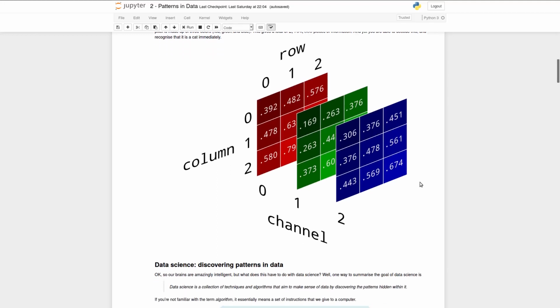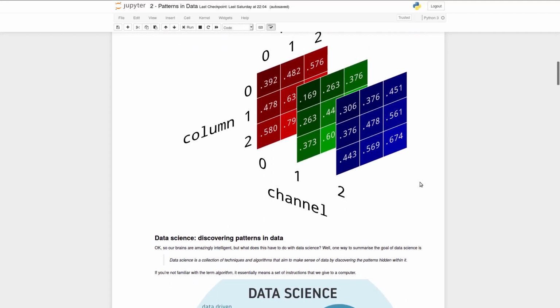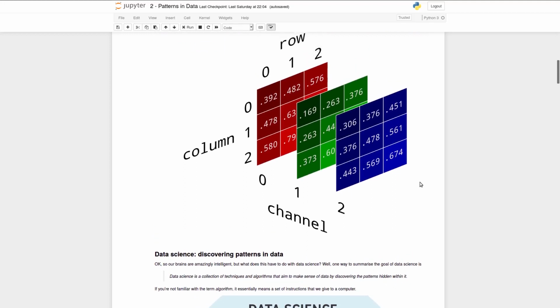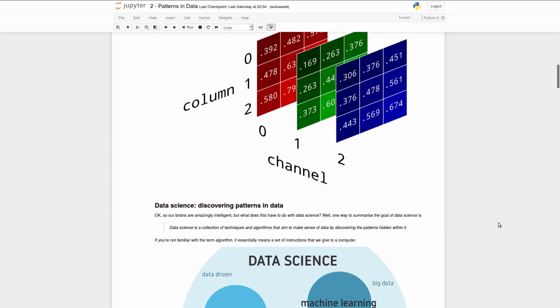So what if we wanted to teach a computer to do this process? Well, that is where data science steps in. Data science is basically the collection of techniques and algorithms that aim to make sense of huge amounts of data and discover the patterns that are hidden within it, hopefully quickly and hopefully accurately.